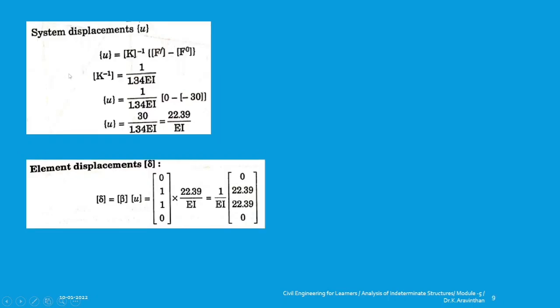Now to find P dash, K matrix into del. What is K? You know the element stiffness matrix is 0.67, 0.33, 0.33, 0.67. This is the element stiffness matrix, and del you have found out currently, which is 0, 22.39, 22.39, 0. If you multiply these two matrices, you will be getting P dash.